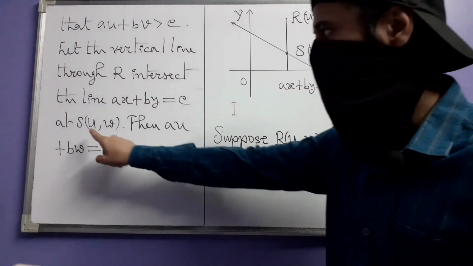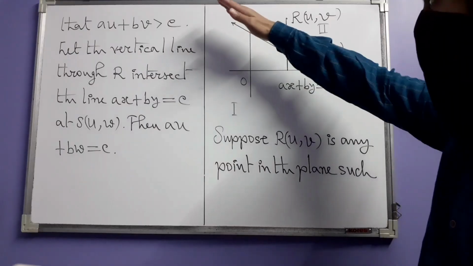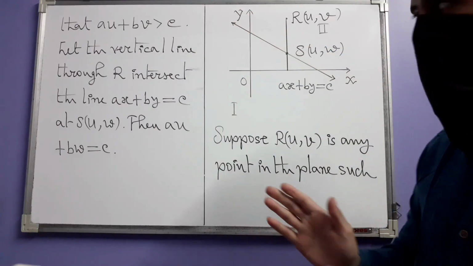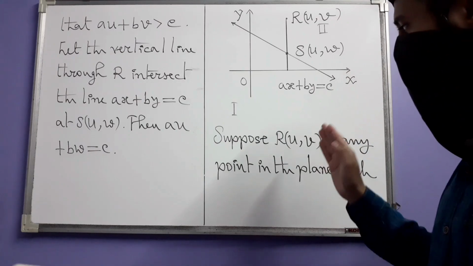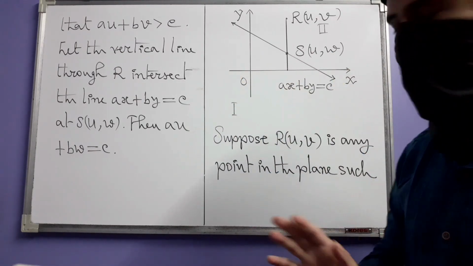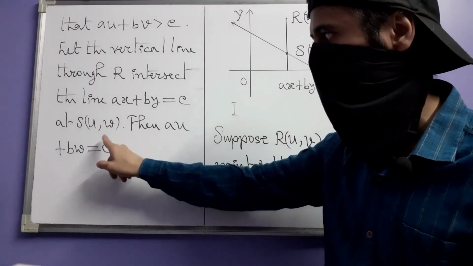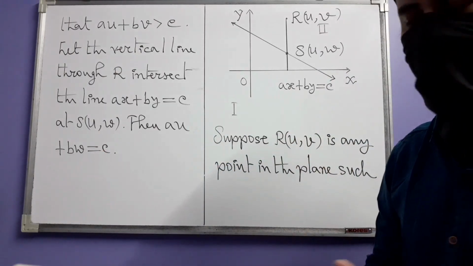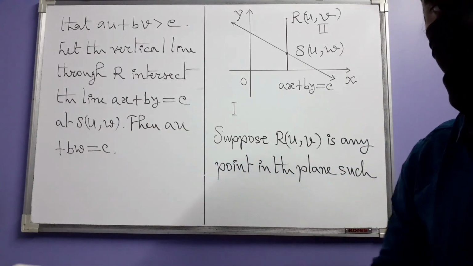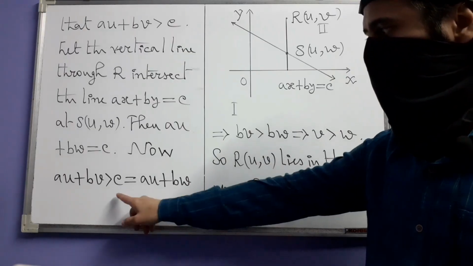Then because S simultaneously also lies on this line somewhere, that's because it's the intersection of this line with that vertical line passing through R, it lies on the line ax plus by equal to c. So that means its coordinates will satisfy the equation of that line. That is, we will get au plus bw equal to c. Now you have this.